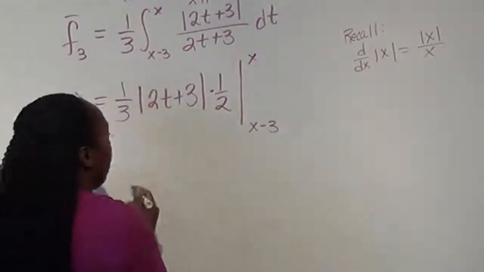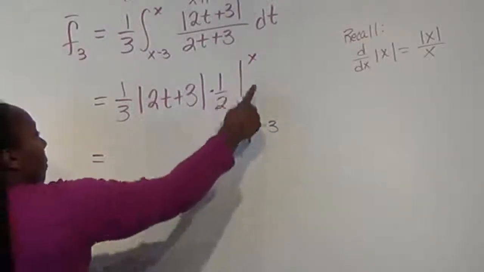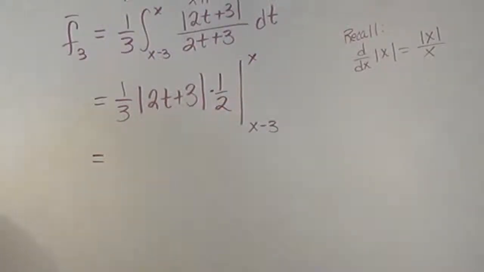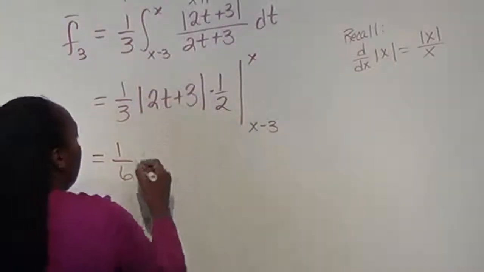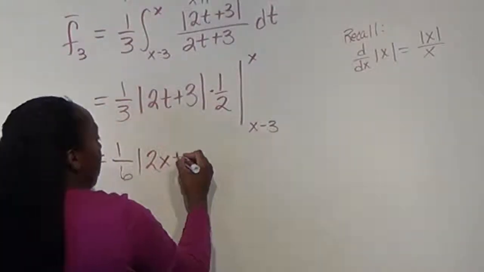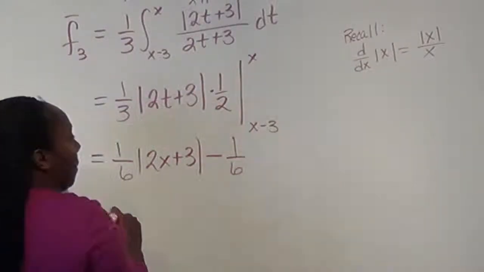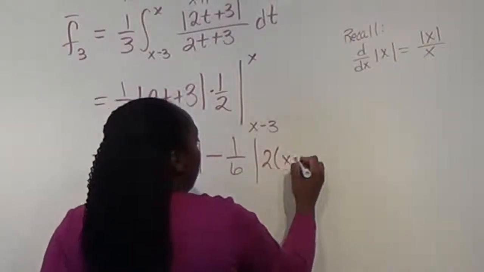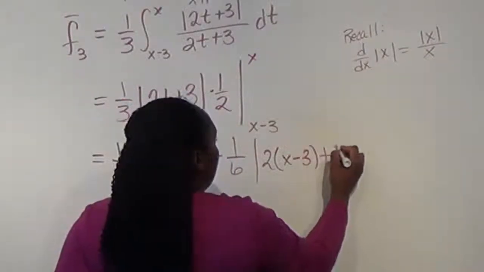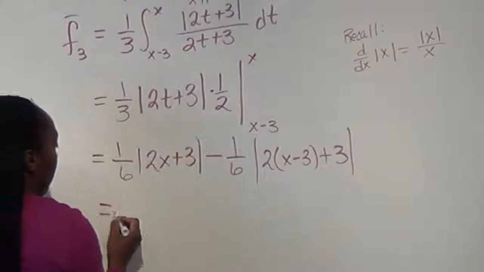Okay. Again, we can clean that up and evaluate using our fundamental theorem. So the upper limit minus the lower limit. So we'll get a 1/6 at the upper limit, 2x plus 3, minus at the lower limit, we're going to plug in the x minus 3, and we can clean that second absolute value up a little bit more.